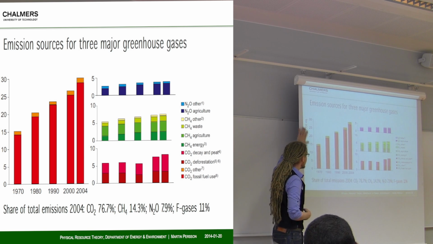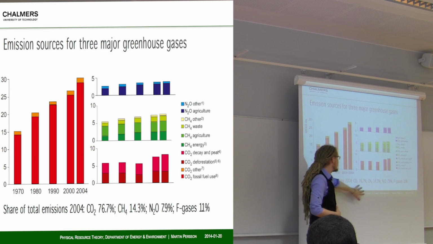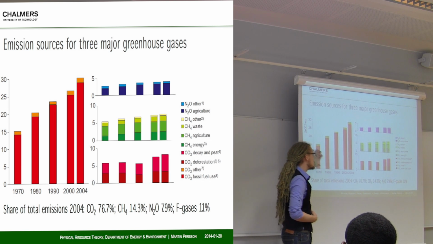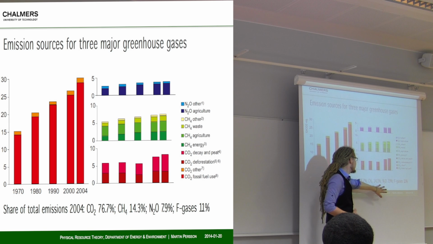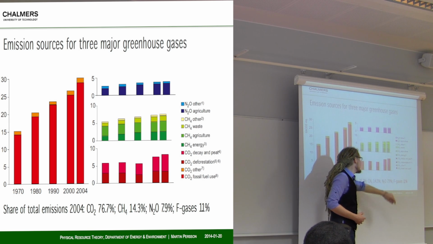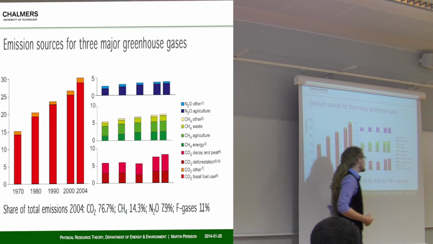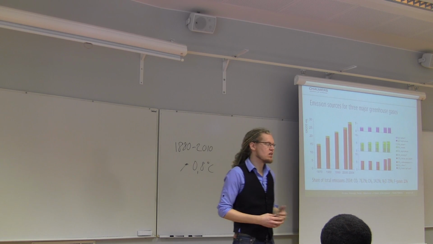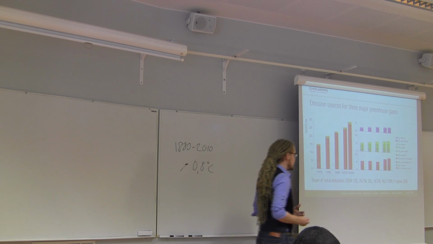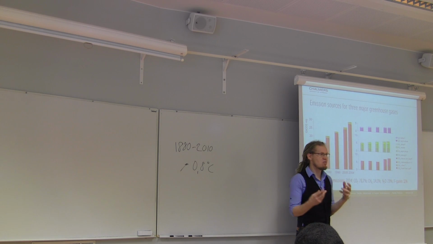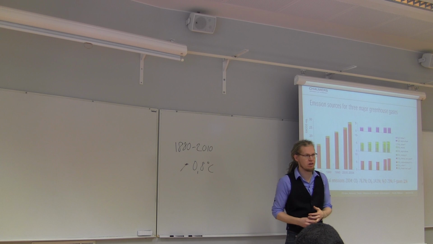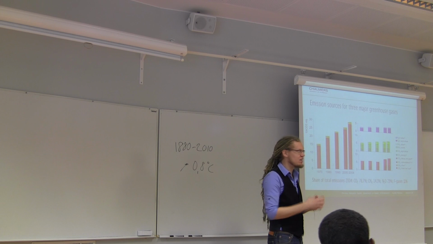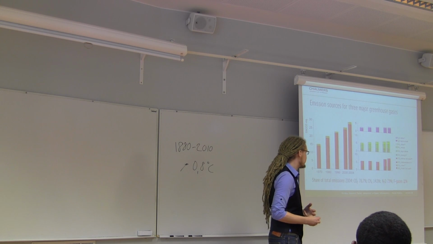If we measure in carbon dioxide equivalents, then about three quarters of the emissions are carbon dioxide, 14% methane, 8% nitrous oxide, and then a minor share of what you call F gases, which are the freons and their replacements, HFCs and so on. Some of them are very potent greenhouse gases, although their emissions are quite small in physical terms.